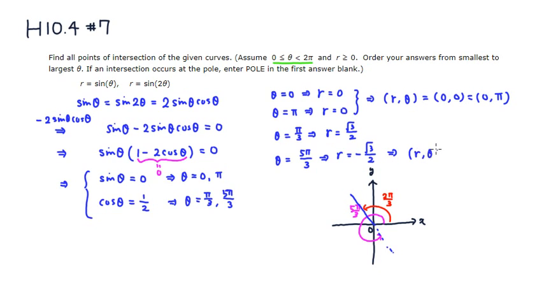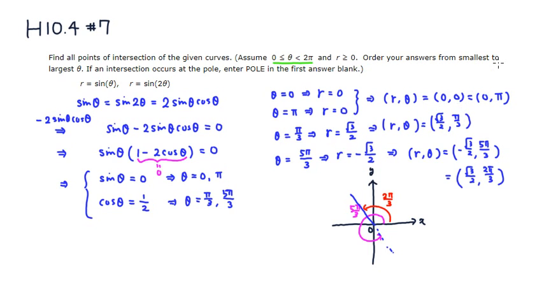So initially we get r, theta equal to negative square root of 3 over 2, 5 pi over 3, but this is exactly the same point as square root of 3 over 2, 2 pi over 3. Oh, I forgot to write this one: r, theta is square root of 3 over 2, pi over 3.